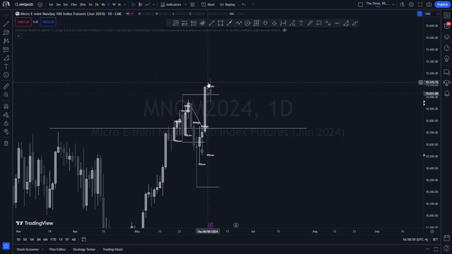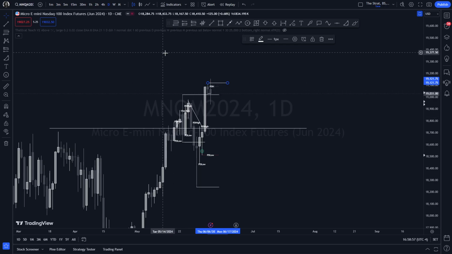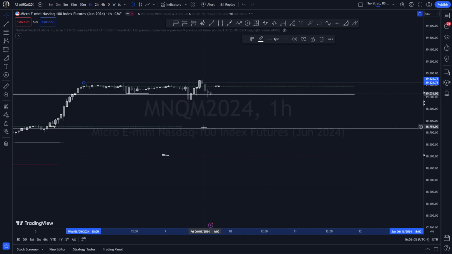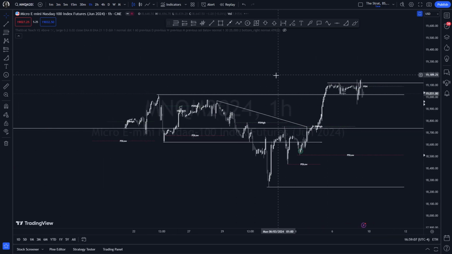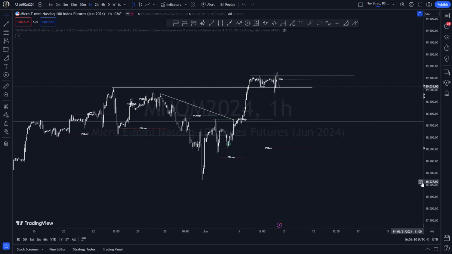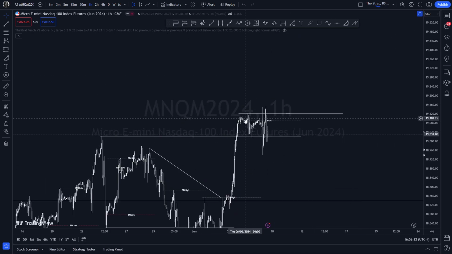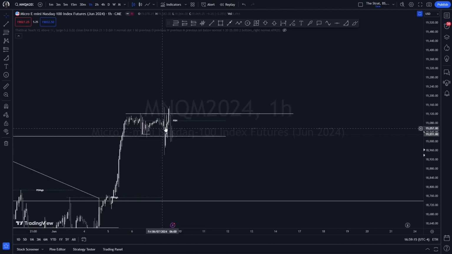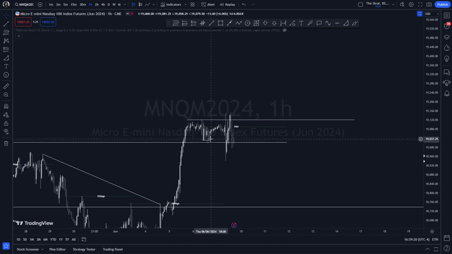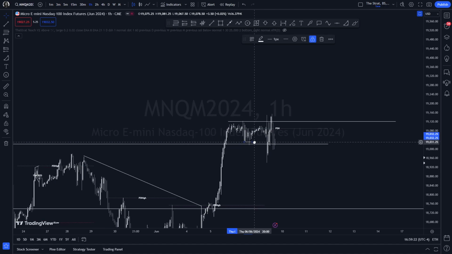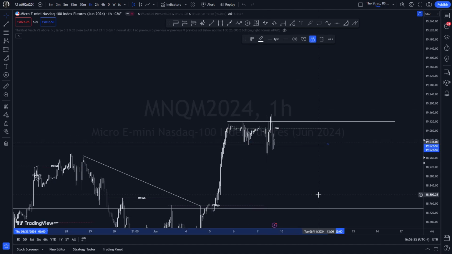So yeah, the previous high was here on the daily, and then the previous low was right here. And if we look at the 1 hour, you can see that the previous high has been ran, right? Before we had this happen yesterday, this is what happened the prior day, and this was the previous low right here.